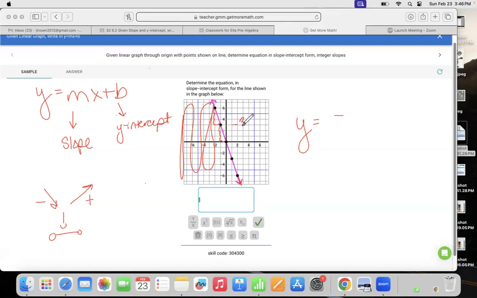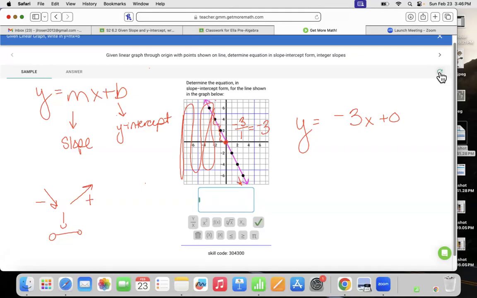So it's going down 3 over 1, which is negative 3. And then it's again crossing at 0, which is going to be a plus 0. So our answer here should be y equals negative 3x. Yeah, that last one must have just been stuck from a previous question.